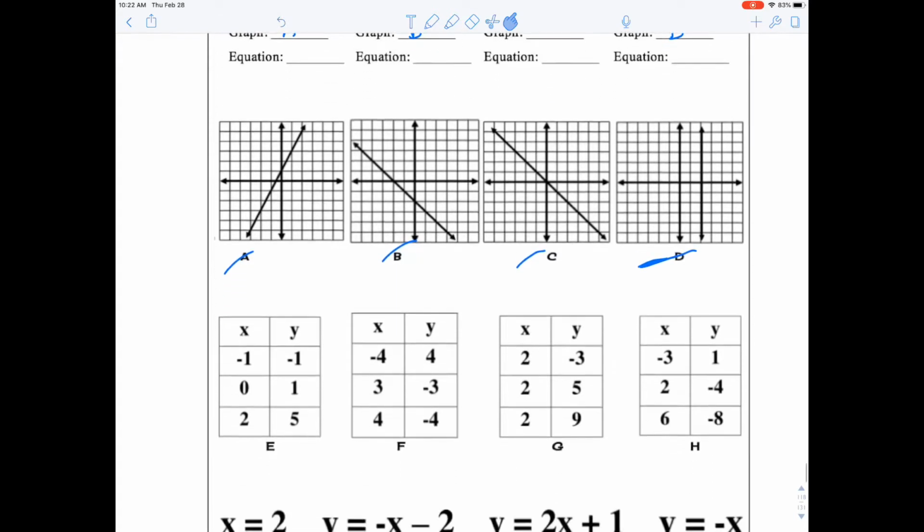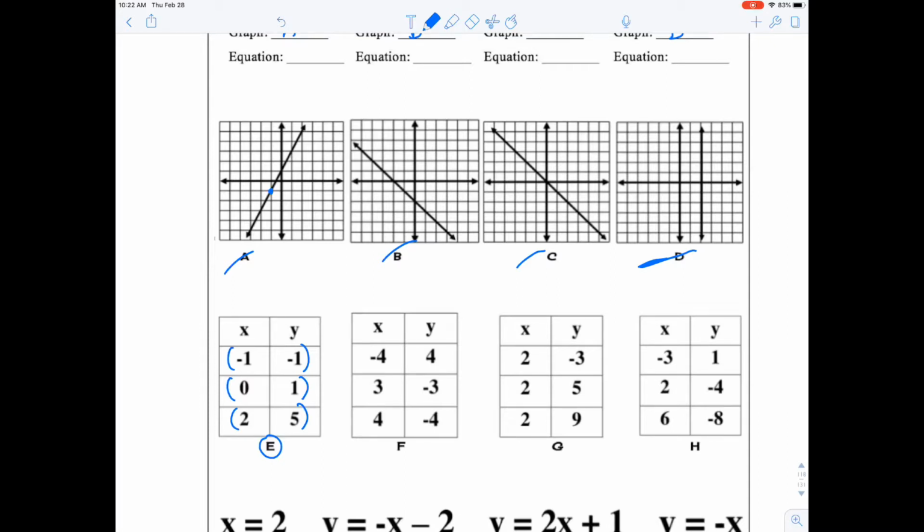Let's take a look at this first table here, table E. Remember that these are all coordinates, and all of these coordinates are supposed to be on one of these graphs. So let's check to see if this is on graph A. Do I have -1? Well, let's see where that is. I'll plot it there. Boom, there we go.